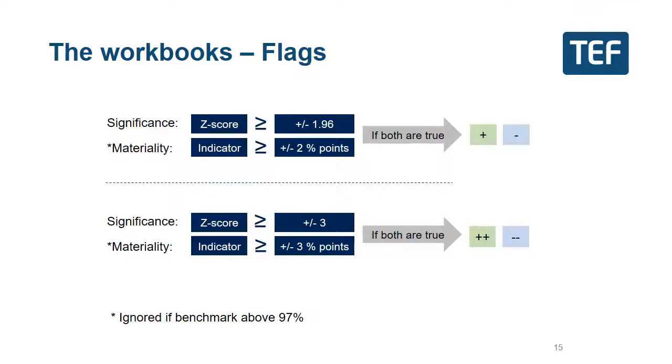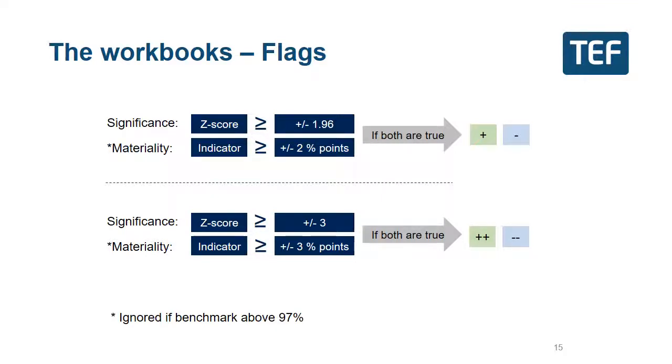On the other hand, if a metric is below benchmark by 2 percentage points or more, and the Z-score is greater than 1.96 in magnitude, it will receive a single negative flag. If you happen to have a really high benchmark of something above 97%, we ignore the 2 percentage points test, and you just need to have the 1.96 Z-score to get a positive flag.